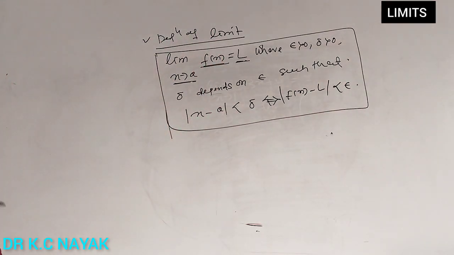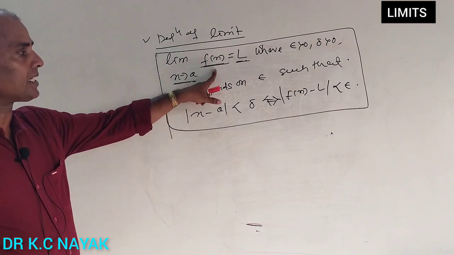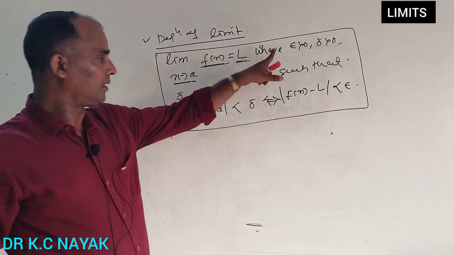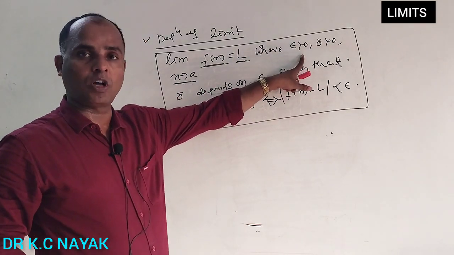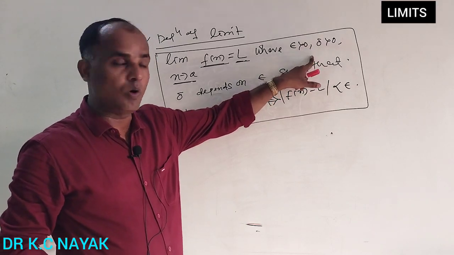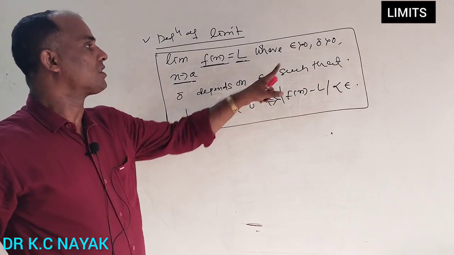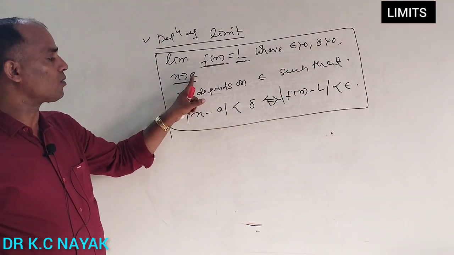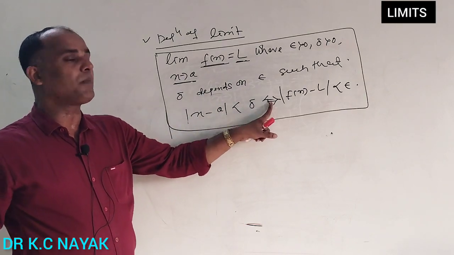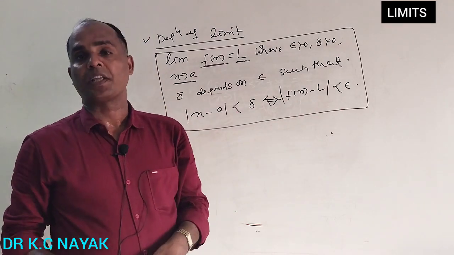That means a limit is defined when f of x is equal to L, where x approaches a. Epsilon is a small quantity, delta is also a small quantity, epsilon greater than 0, delta greater than 0, and delta depends upon epsilon, such that modulus of x minus a less than delta implies modulus of f of x minus L less than epsilon.